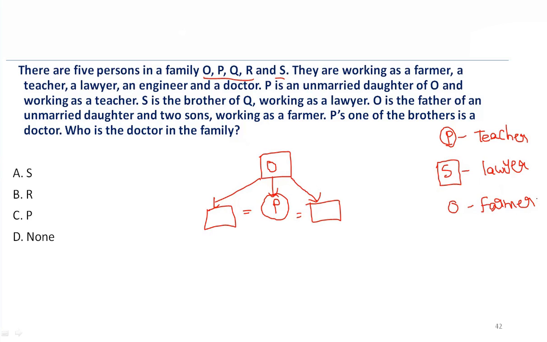So we know that only 5 people are there. Who are the 5 people? P, S, O, Q, and R. So P is one of the brother is a doctor means we don't know who is the brother of P exactly at this point of time, but we can say one person will be doctor between Q and R here.